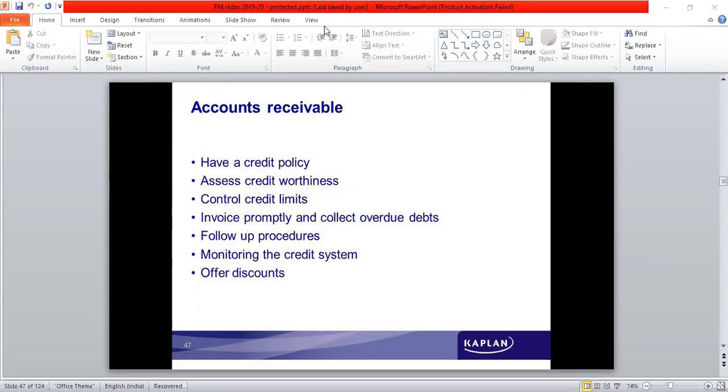Then follow-up procedures. Follow-up procedures is reviewing their procedure of extending credit to the customers, then monitoring the credit system for whether it is properly functioning.